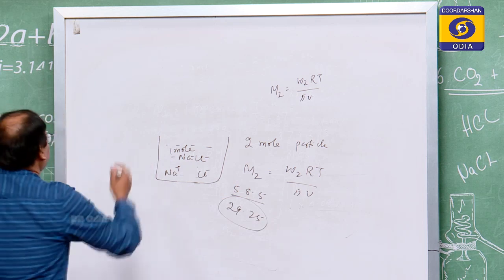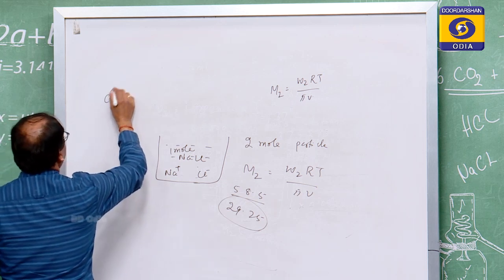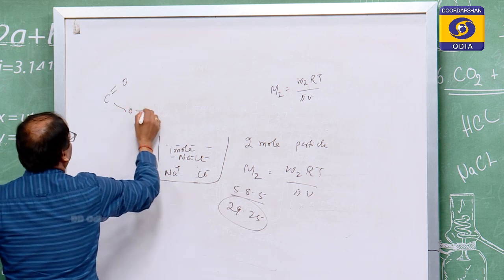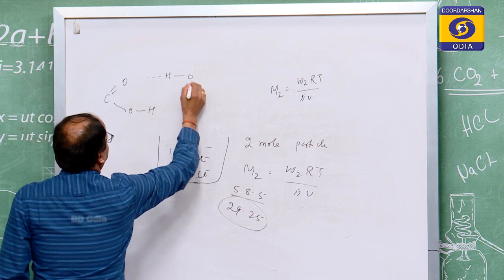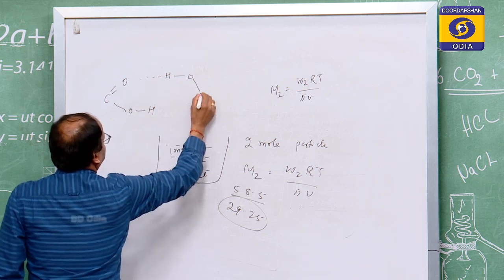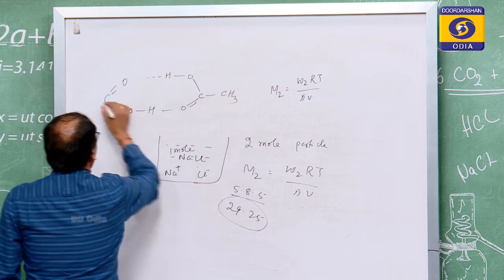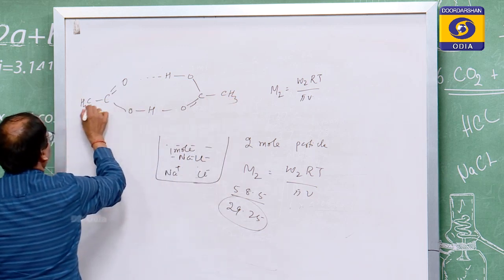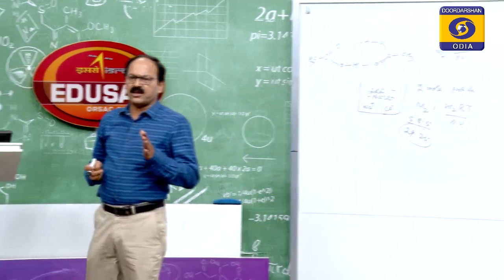If you take acetic acid, what will happen to this? Acetic acid will get dimerized, associating with each other. Two molecules join together to give one molecule, that is, the number of molecules becomes half.